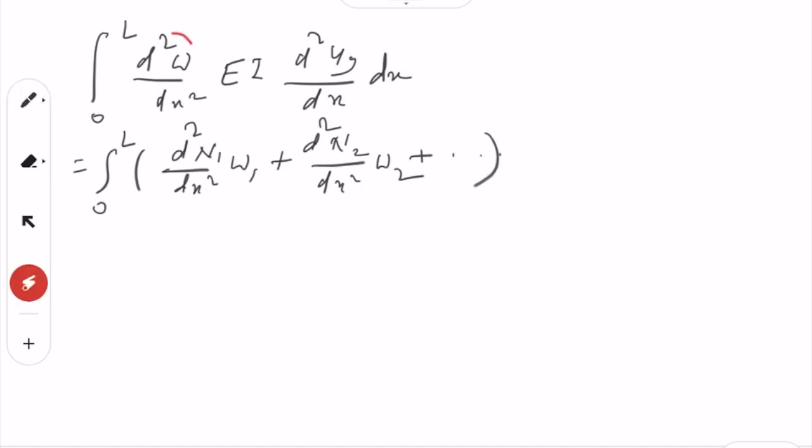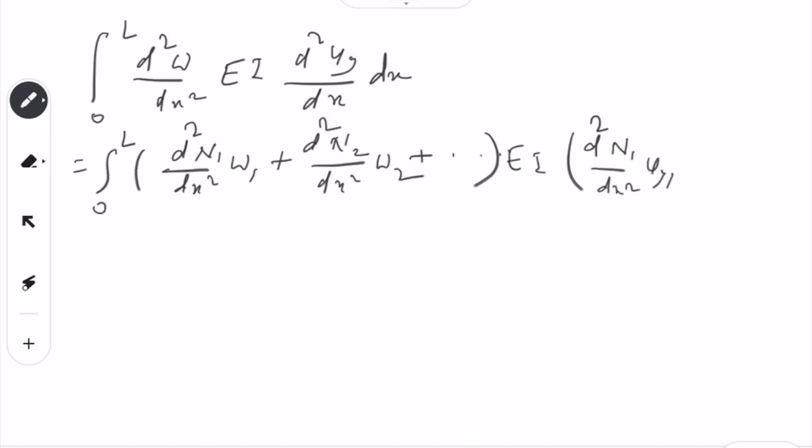That will be for this one. Then we have EI, and then we have a similar thing for this, d square N1 over dx square uy1, and so on, dx.